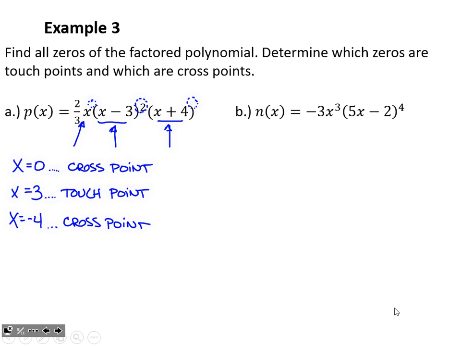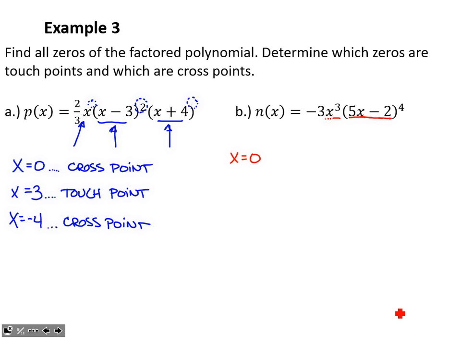For letter B, n of x equals negative 3x to the third times the quantity 5x minus 2 to the fourth power. We've only got two zeros here. I'm looking for my x terms. First, that loose x, it's not part of a quantity or anything. That just means x equals 0 is that solution. Notice that loose x is raised to 3, an odd power.